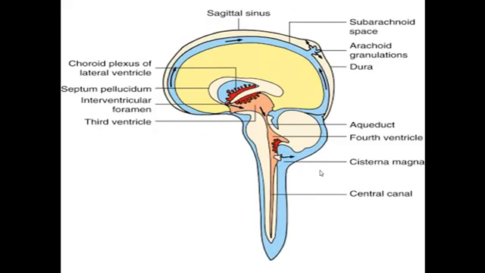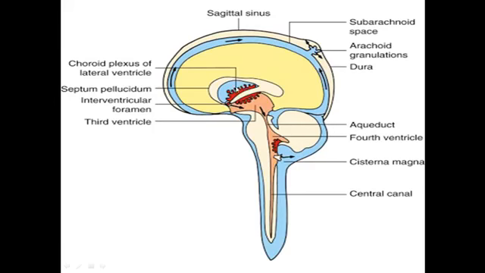Here is the lateral ventricle. Here is the third ventricle. Yes, the fourth ventricle. And CSF circulates in this way. And here is the choroid plexus.